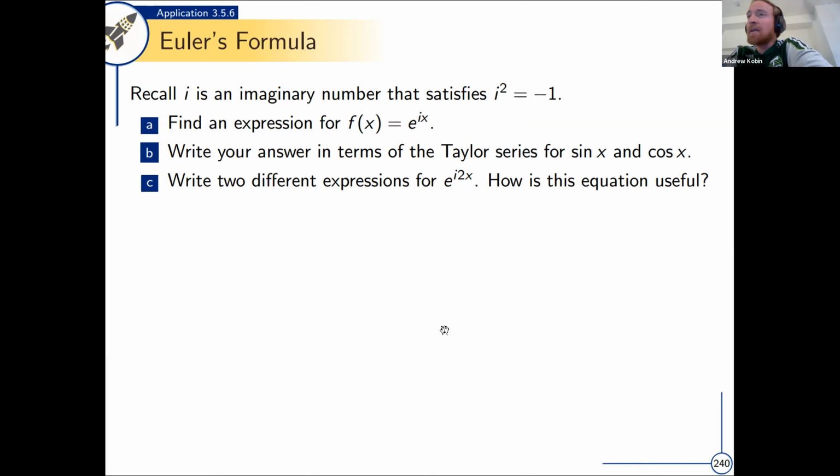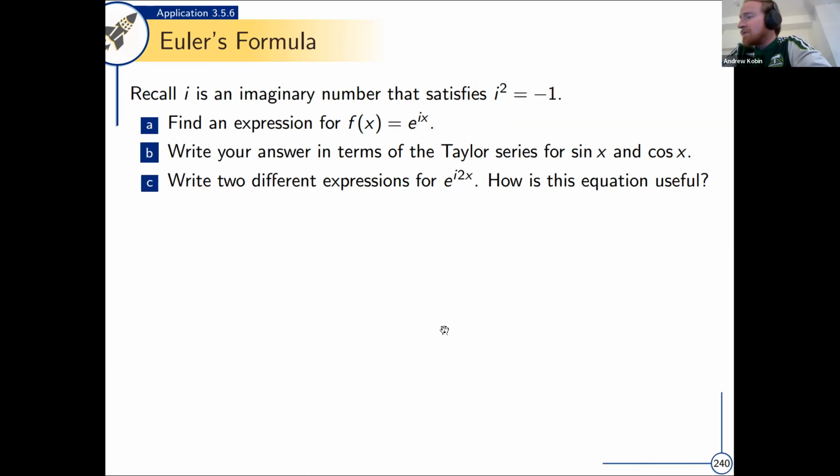There's actually a couple that work out. X equals pi might be an interesting one to try. When you plug in x equals pi, the expression for e to the i pi that you obtain in part B is a really famous equation that relates a bunch of different fundamental constants that we use in math class.